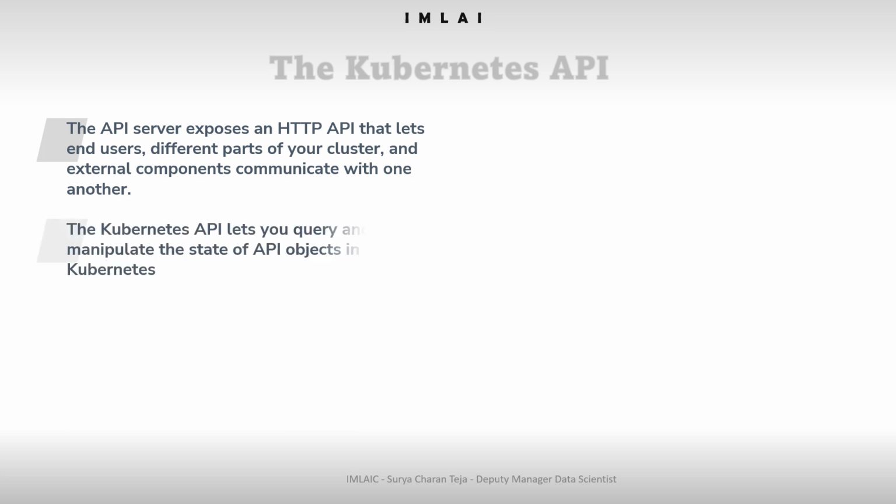The Kubernetes API lets you query and manipulate the state of API objects in Kubernetes. Some examples of Kubernetes objects are pods, namespaces, config maps, events, secrets, and many more.